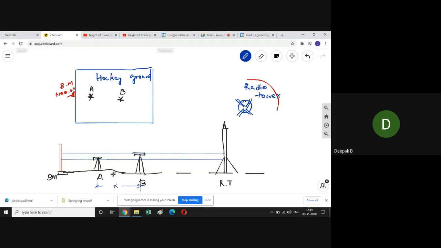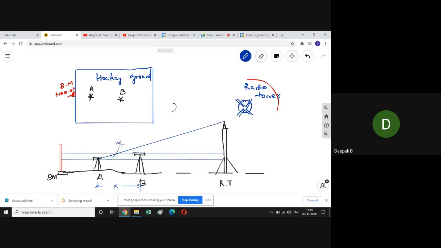The first thing that you are going to do is to measure the vertical angle joining the point at the instrument at A. You got to measure this angle.